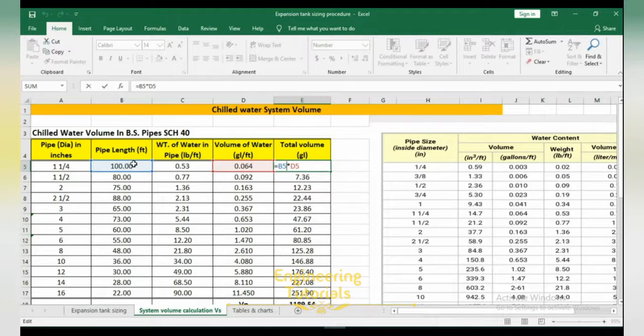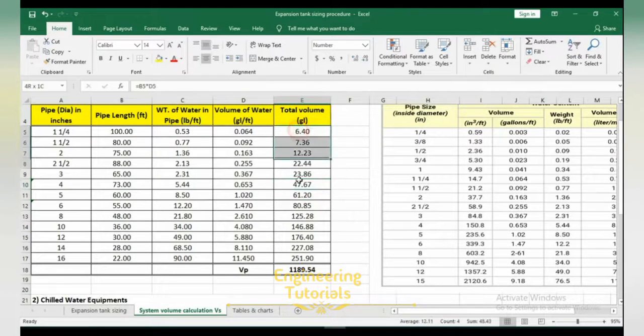You will get the total volume in gallons within this pipe and this length. So the total volume of water required for a 1/4 pipe size having 100 feet length is 6.4 gallons. A 4-inch pipe size with 73 feet length requires 47.67 gallons.